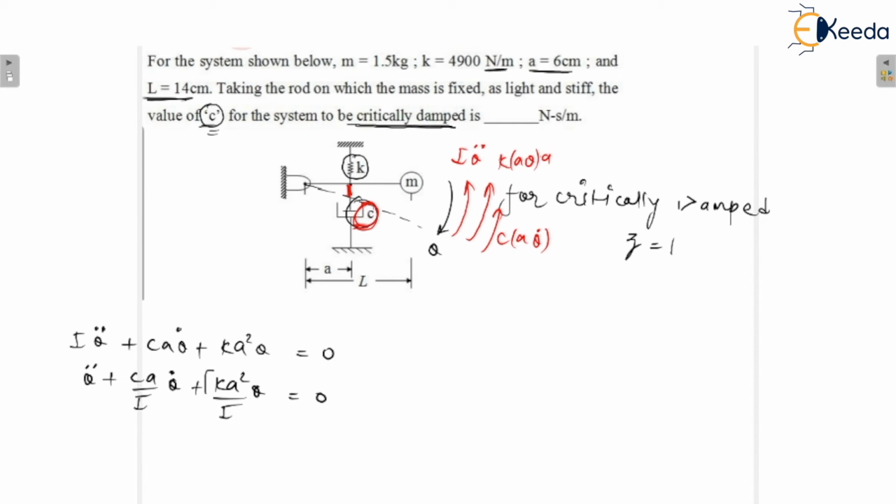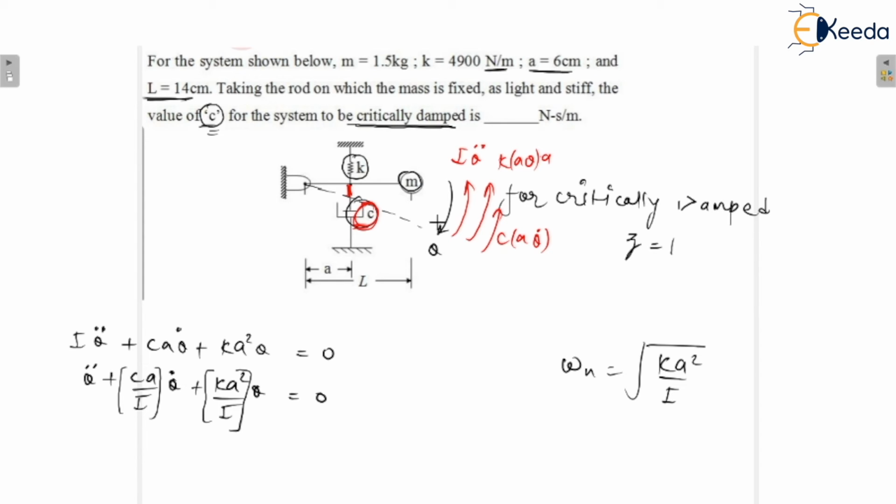So here you can see this would be the natural frequency, and this is omega n square. So when you apply this, omega n is equal to under root of Ka square upon I. Now what is I? Basically, there is only a mass m attached at the end of the rod, and the rod is massless.